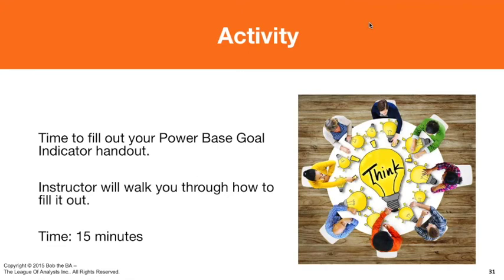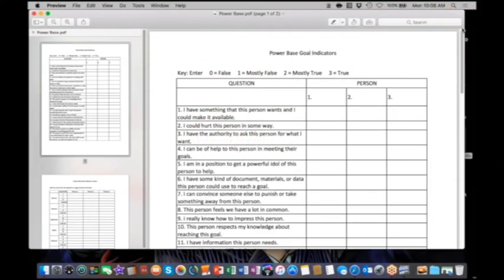And for some of you, you're going to recognize, I completely understand now why I've not been able to influence that person. Lack of power. And if you have a lack of power, it means you have to try a different approach. So let's bring out our handout that we asked you to print out, and let's get it filled out. And you see the power-based goal indicator.